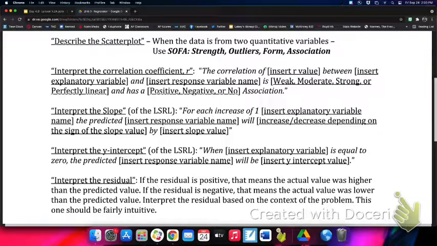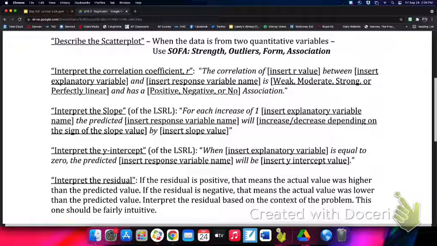All right, and then we talked a couple days ago about correlation, the R value, the correlation coefficient. Here's how you interpret it within a general sentence. This one you can mix up quite a bit. Basically, the correlation of whatever the value is. The other day we had the example of negative 0.632 for height and steps per inch.